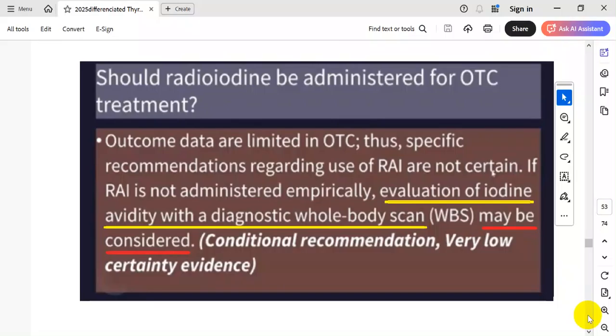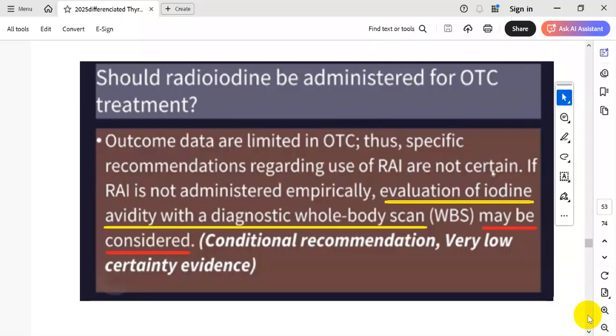And should radioiodine be administered for oncocytic thyroid cancer? Many studies, Russian studies, proved that oncocytic thyroid carcinoma is related to anaplastic thyroid cancer, and the correlation was approximately 20–30%.